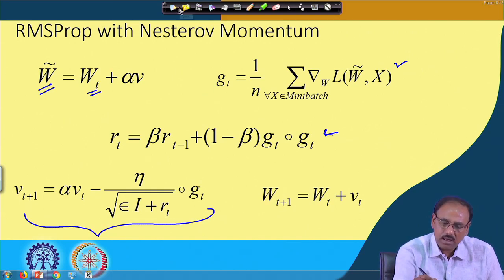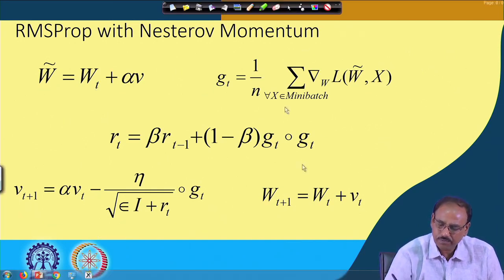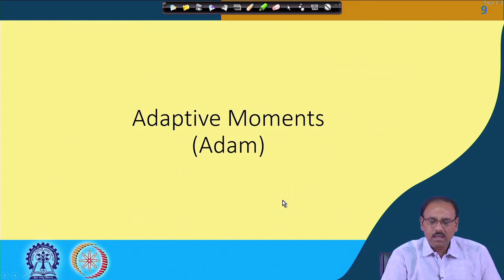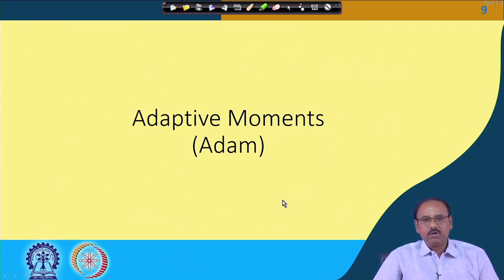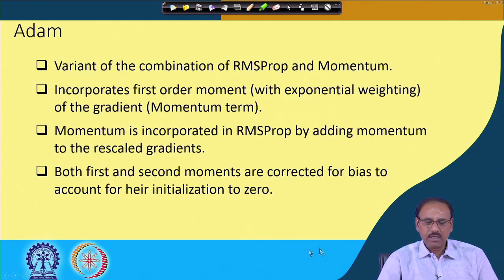Given this algorithm, the other algorithm that we said we will be talking about is what is known as ADAM, or adaptive moments. So, what is this ADAM algorithm? You can consider ADAM to be a variant that combines RMSProp and momentum. In case of RMSProp, we did not have any concept of momentum.